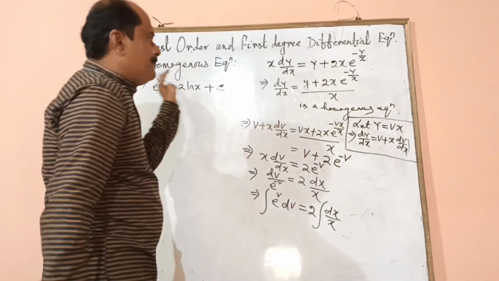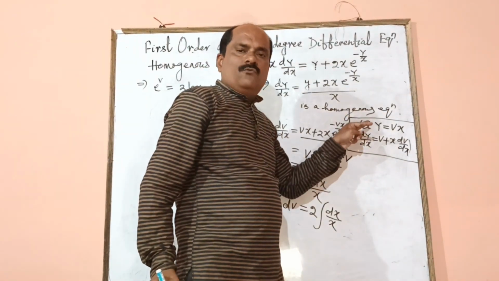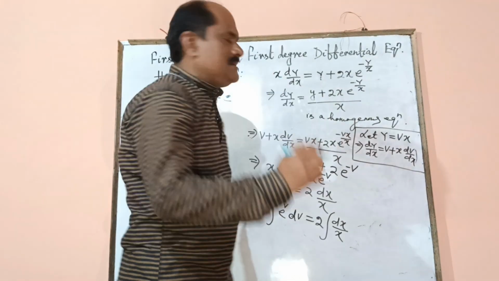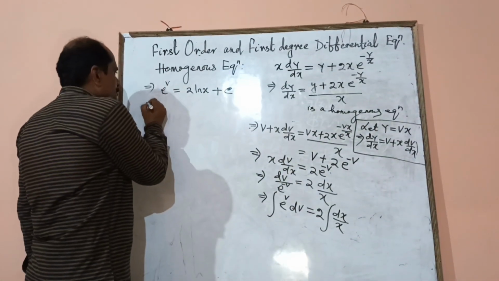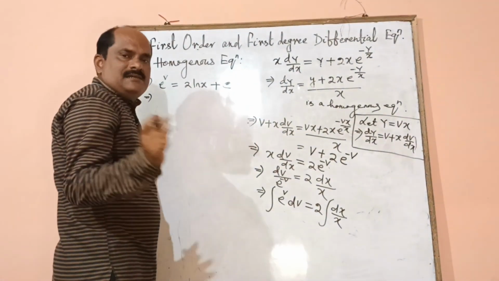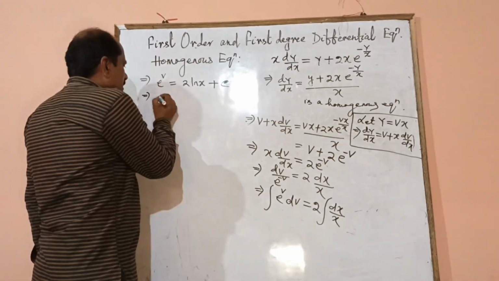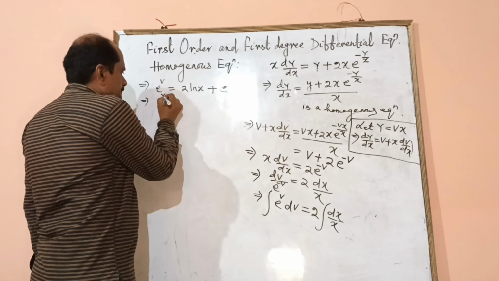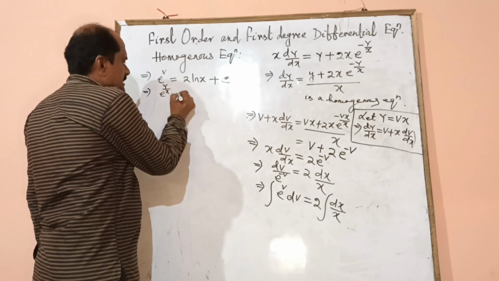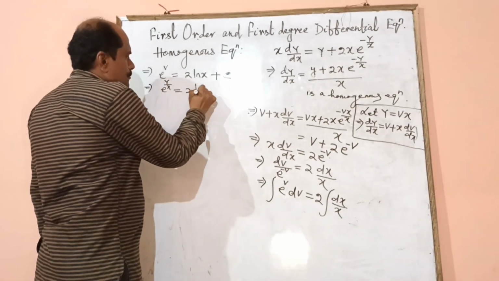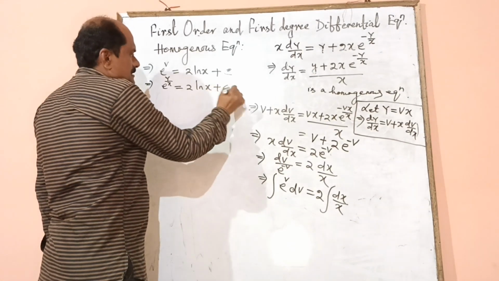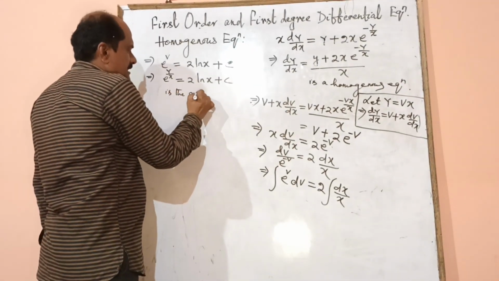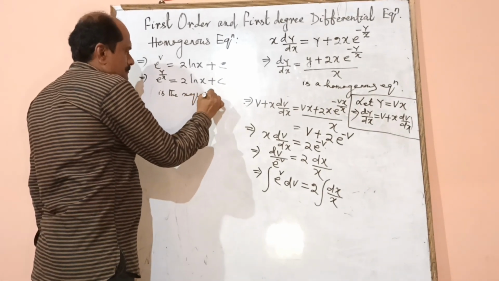What is the value of v? We took y = vx. So v = y/x. Putting y/x in place of v, e^(y/x) is equal to 2 ln x plus c, which is the required solution.